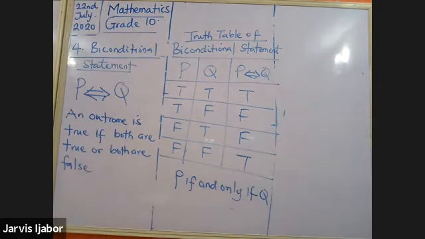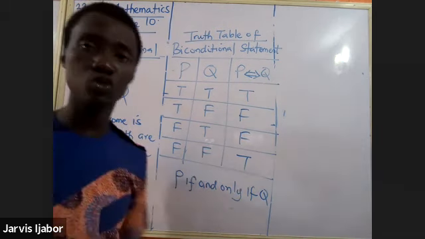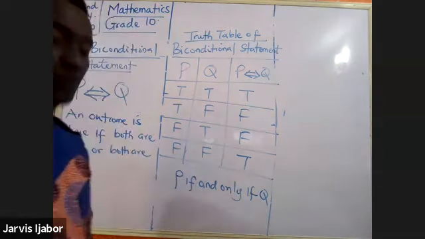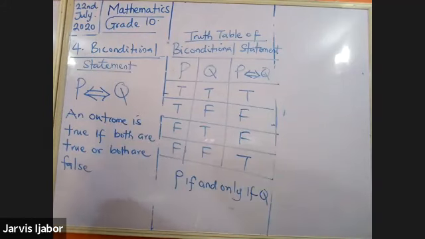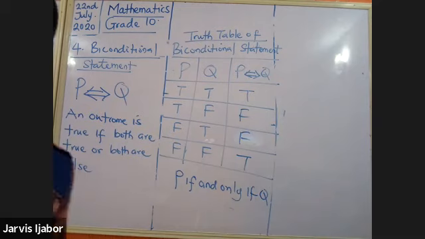So both conditions must be satisfied. If both of them are true, the statement will be true. If both of them are false, the statement will be true also. If one is true and the other is false, the statement becomes false.